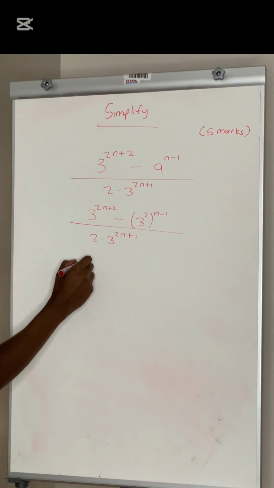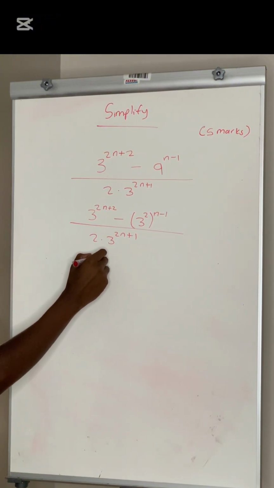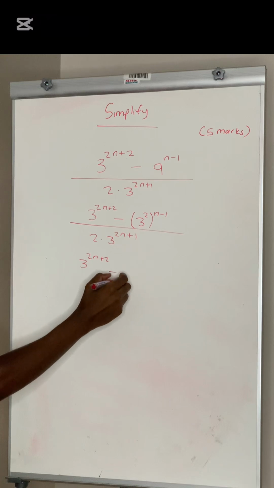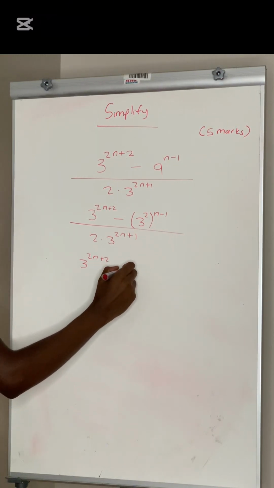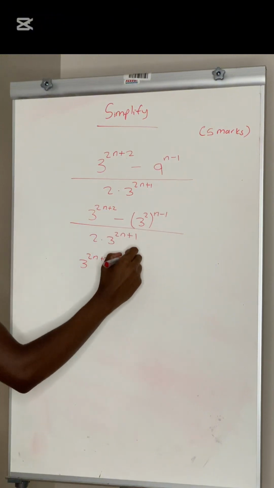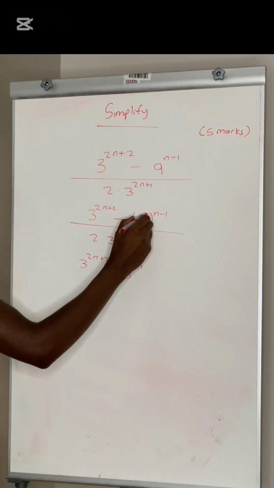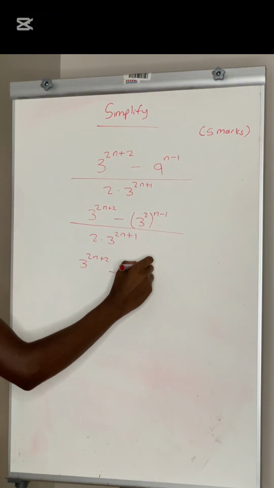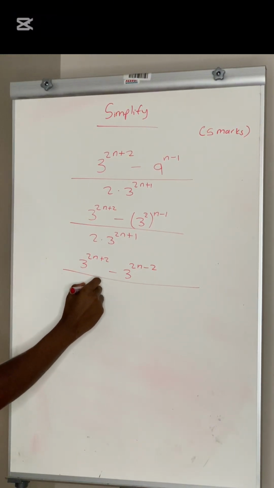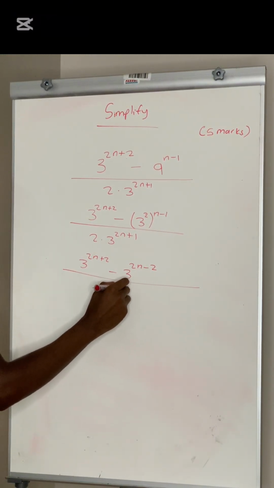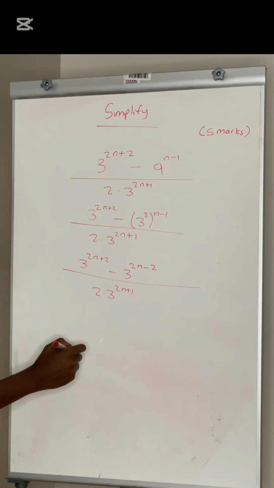And then you can say 3 exponent 2n plus 2 minus, we're going to multiply this 2 with n minus 1. So 3 exponent 2 times n, that is 2n, 2 times negative 1, that is negative 2. And then all of that is divided by 2 times 3 exponent 2n plus 1, okay?